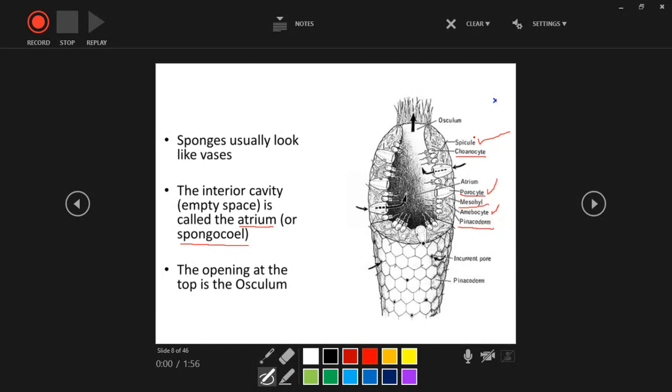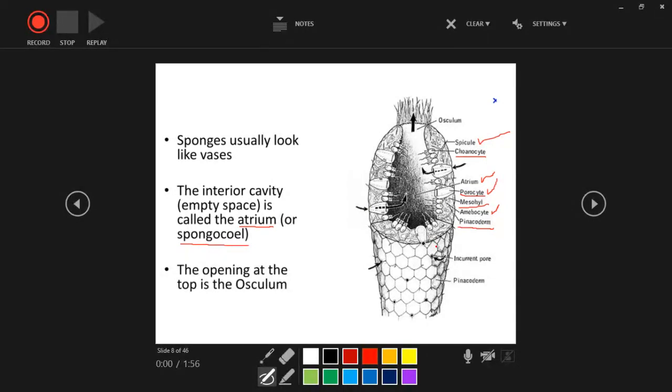So if a fish wants to chomp down on the sponge or graze on it, the spicule, whether it's made of calcium carbonate or glass or proteinaceous spongin, will deter the animal from grazing on it. So this is the spicule that you would see here, and I showed you the picture before. And we talk about the atrium, spongocoel. So this is the so-called empty space where water goes in.